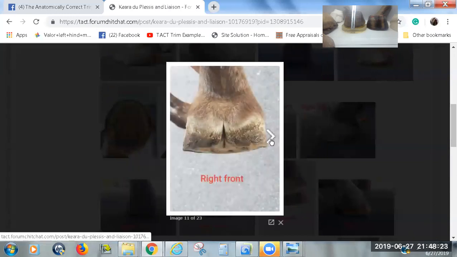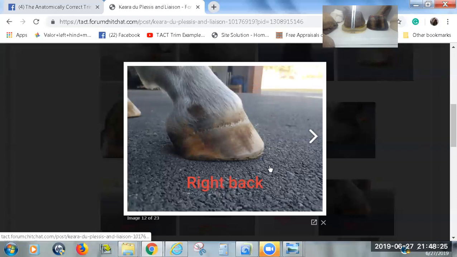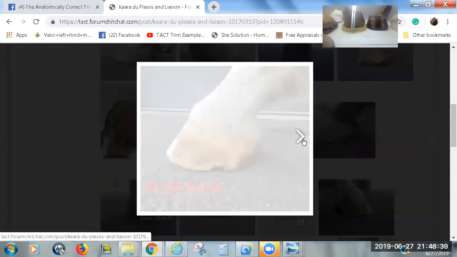Yeah, he just got little teeny tiny feet, hoof-bound feet. Like I said, I had the same thing.